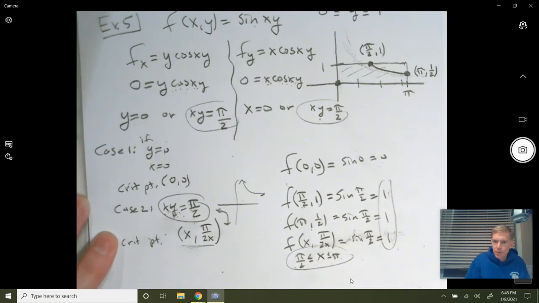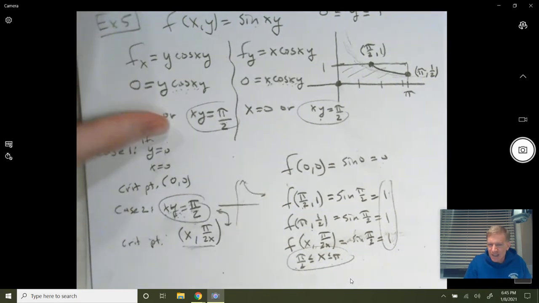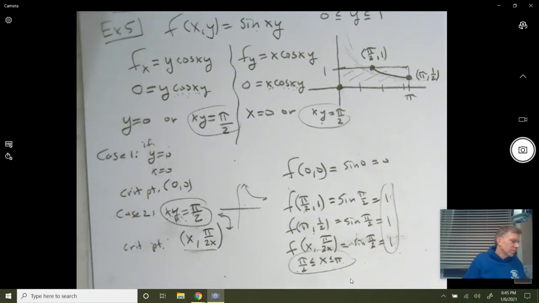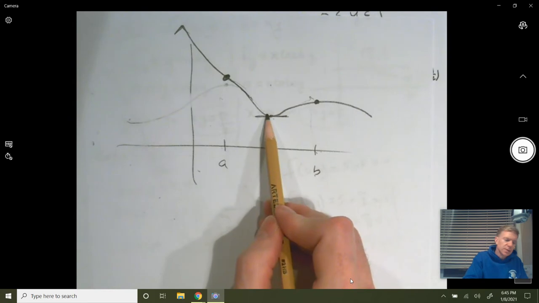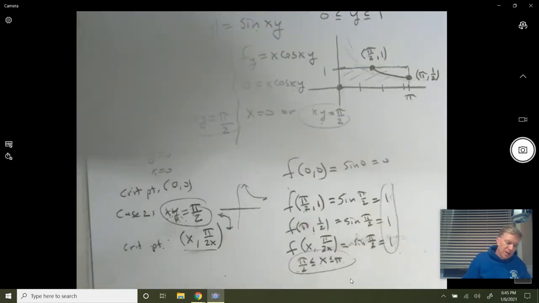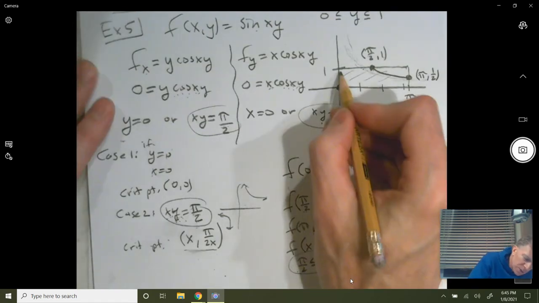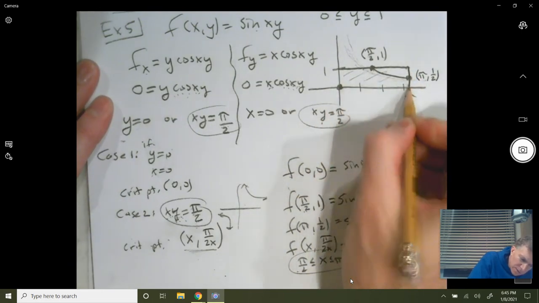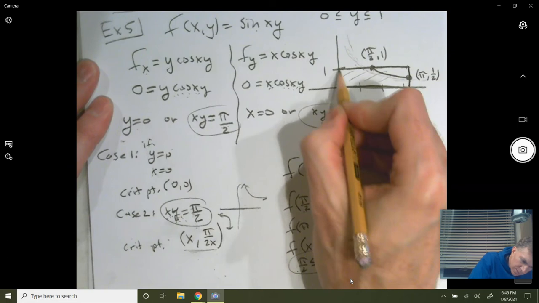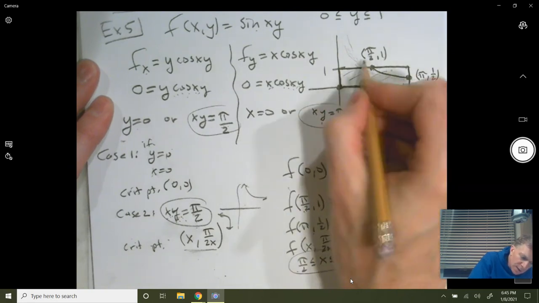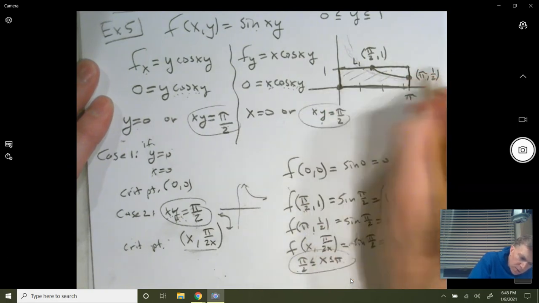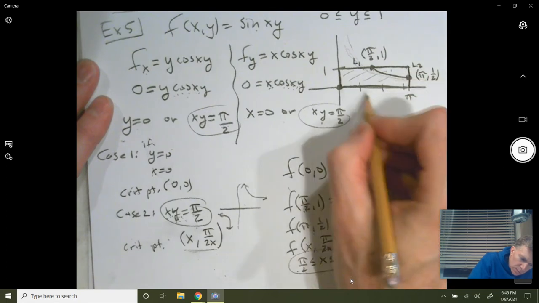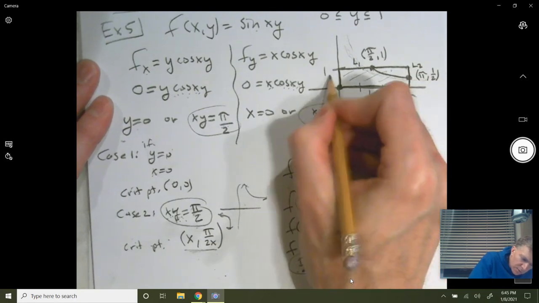Okay, so now we have to basically test the endpoints. Remember here, we test the interior of the region, but then we have to test the endpoints. But our endpoints aren't endpoints, they're boundaries. So we have to test along this boundary, along this boundary, along this boundary, and along this boundary. Okay, so I'm going to call this L1, L2, this down here will be L3, and this will be L4.